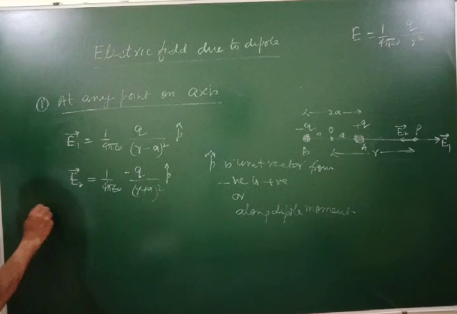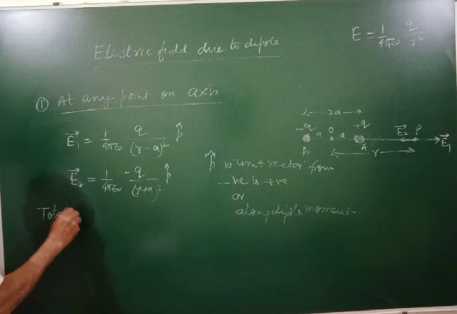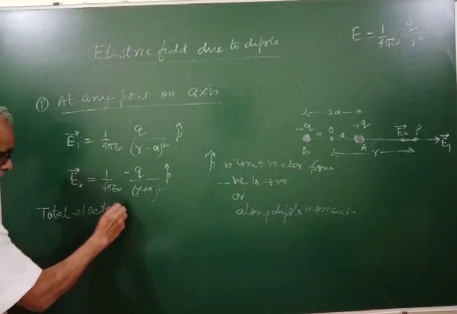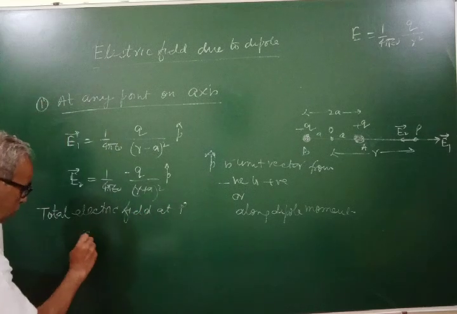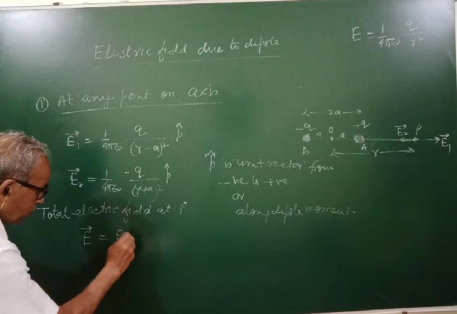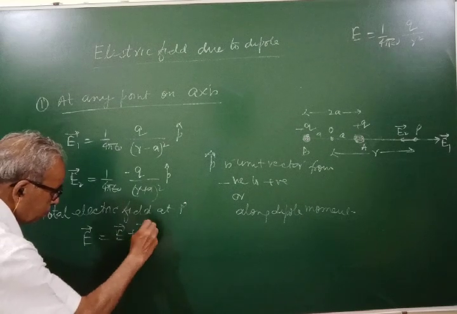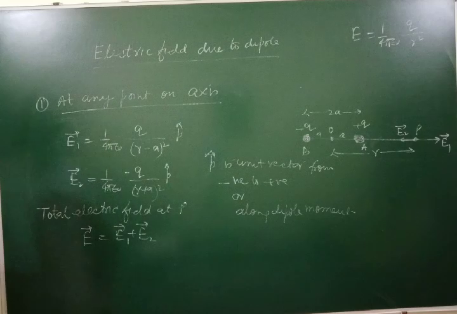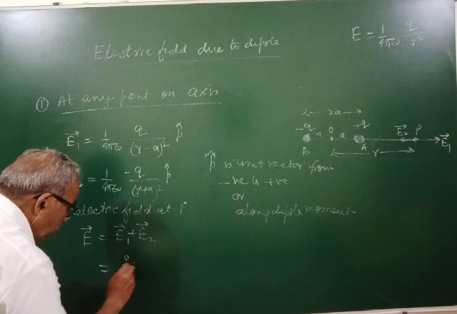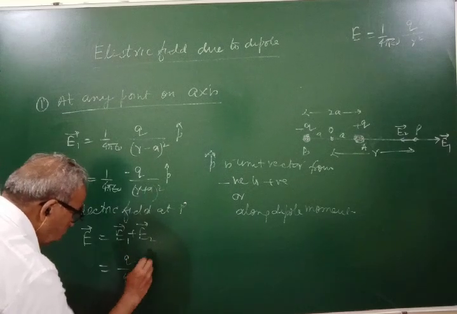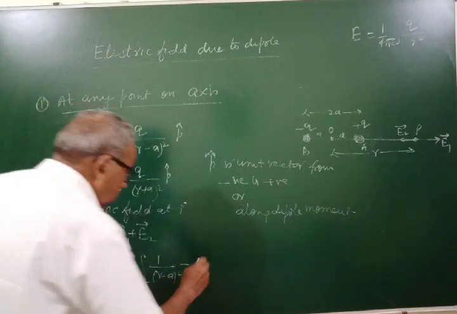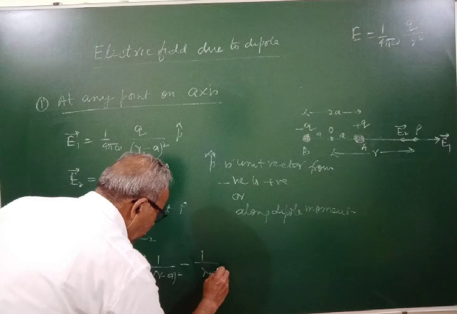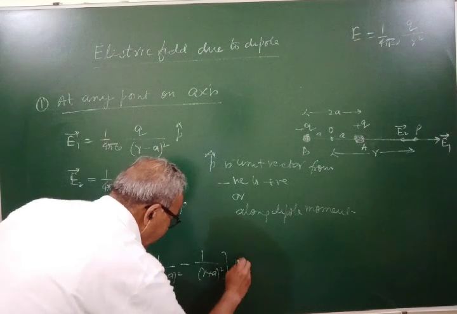So the total electric field at P is equal to E1 plus E2, which is q upon 4 pi epsilon 0 times [1 upon (r minus a) whole square minus 1 upon (r plus a) whole square] p cap.